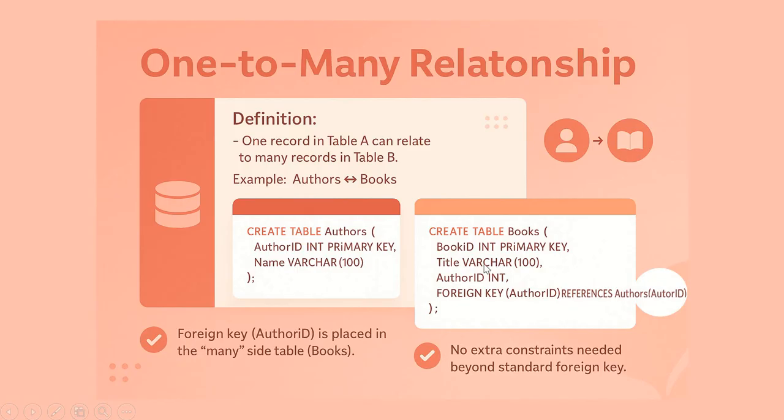In the second table, I should mention the author ID to connect this books table to the authors table. And also I need to write the constraint, which is the foreign key, with reference to the authors table. Also to remind you, I told you previously that this foreign key should be added to the many table, and in our case the books table is now presenting the many table.